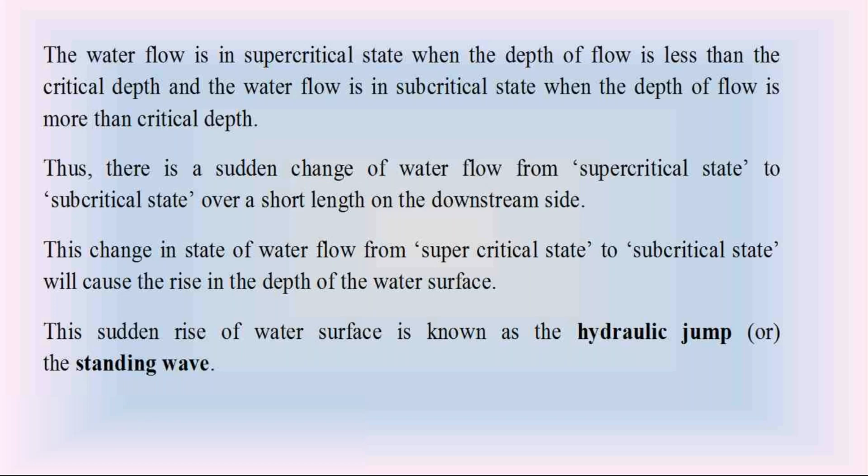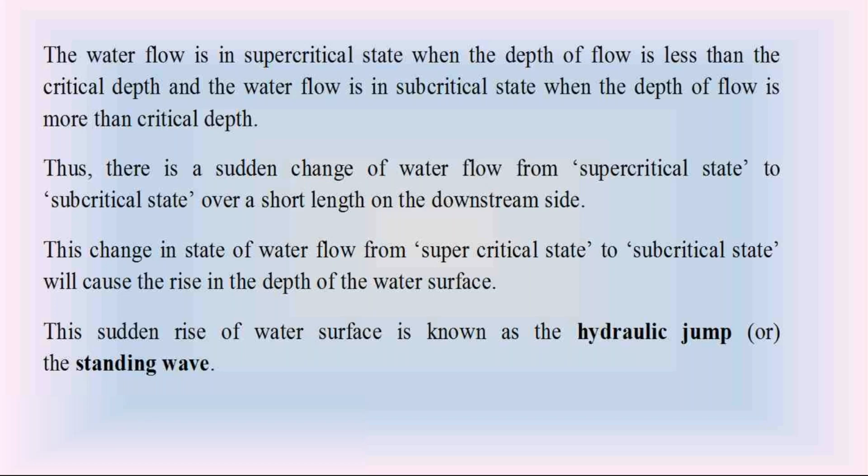So at the bottom of the sluice gate, the water flow sharply changes from supercritical condition to subcritical condition. During that transformation, you have a rise of water level in the canal just at the bottom of the sluice gate, and that is called hydraulic jump.